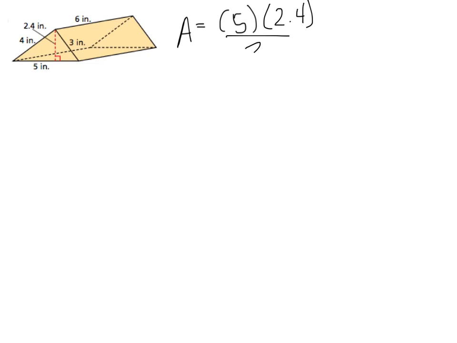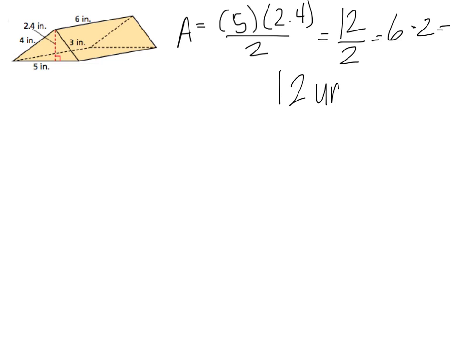And then I have to divide by 2, and when you do 5 times 2.4, you get 12. And then we have to divide by 2, and we get 6. But then if we look, we not only have a triangle in the front, but also in the back. So I'm going to multiply this by 2, and I get 12 units.